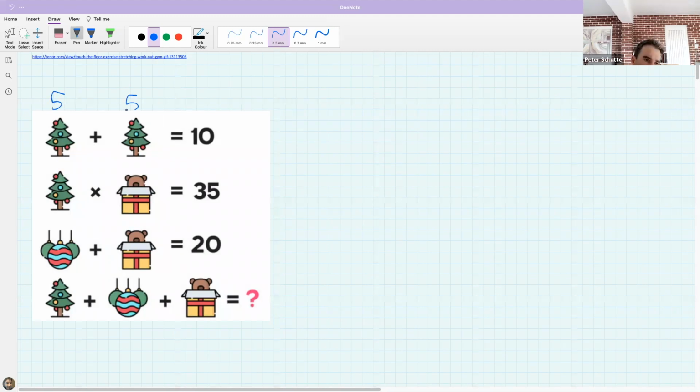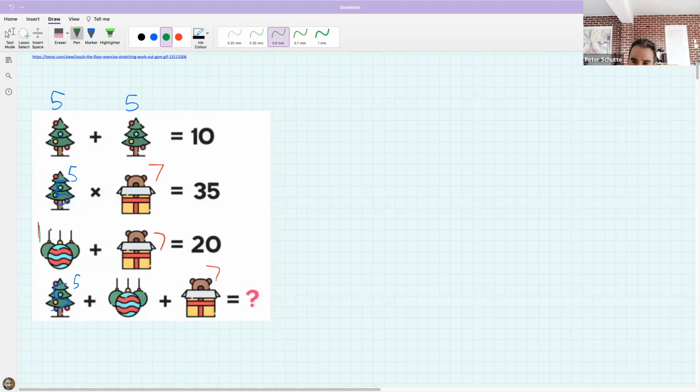There's no doubt that the Christmas tree has to be 5, because there's no other way for something that's the same to give 10. I'll put this above here just so you can see. Sino has said that's 7, which I agree with. So who has the final answer for me?